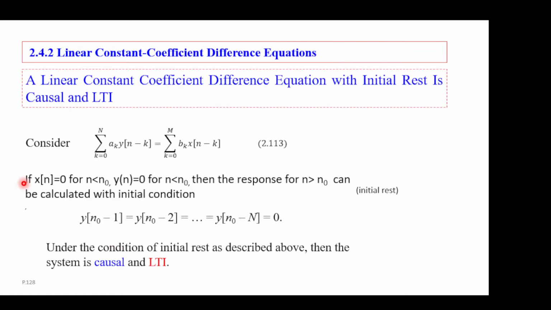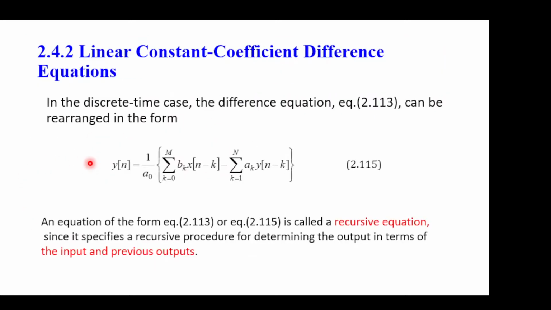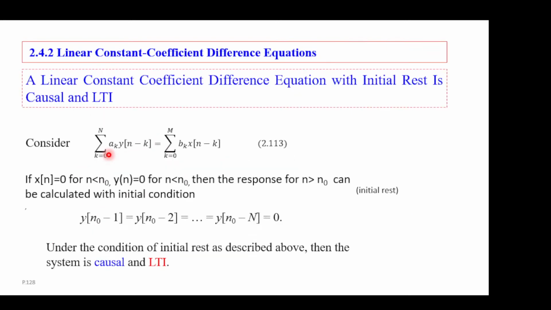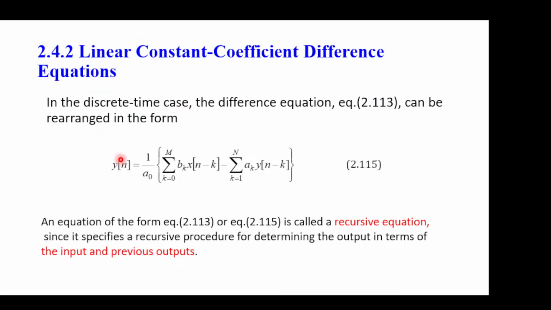And for the discrete case, the difference equation, we do have a way to solve that. You just change this side so this side has a y of n, and you move everything that's not y of n to your right hand side. So you write y of n as something, and because it's initial rest, you can solve.